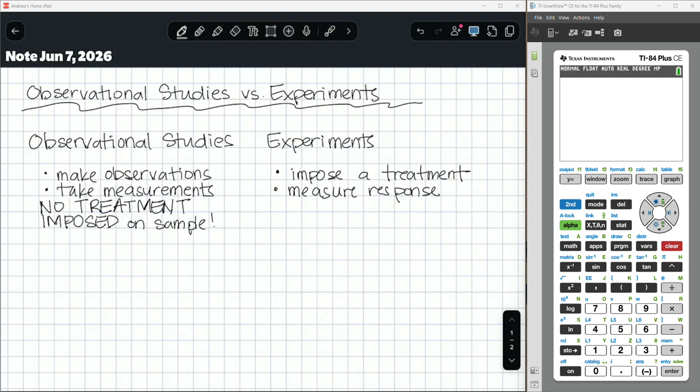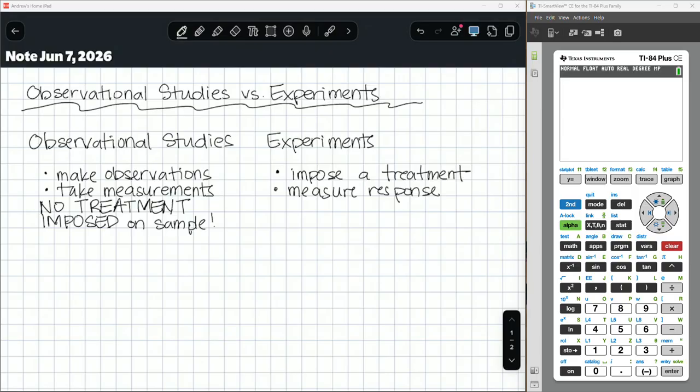And so the imposed treatment would be classical music. I would have a control group of no music, so I had something to compare to. And then I would give both groups a test, one with no music, one with classical music. And then I would measure their test response. How well did they do on that test?